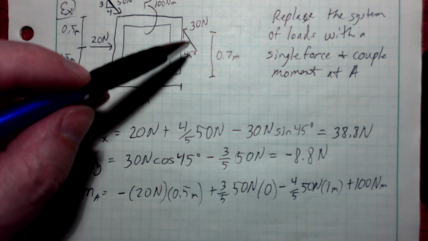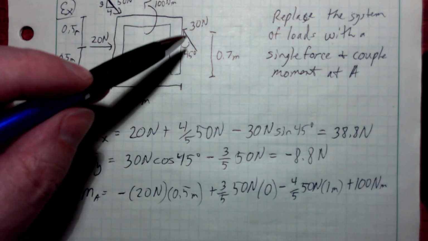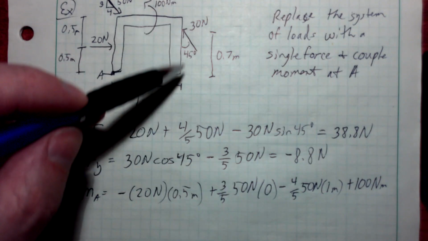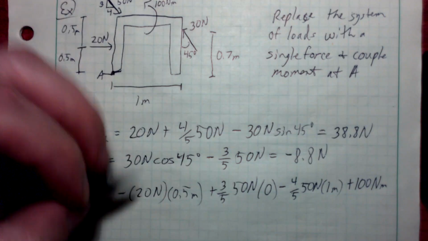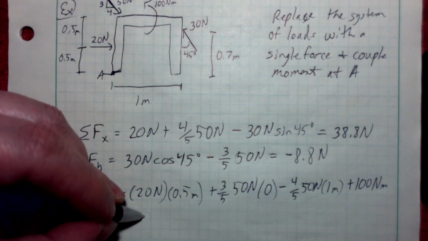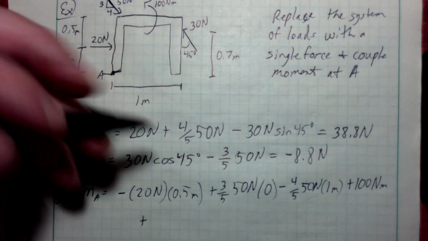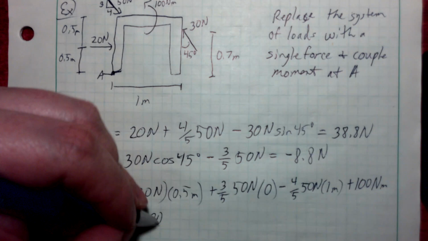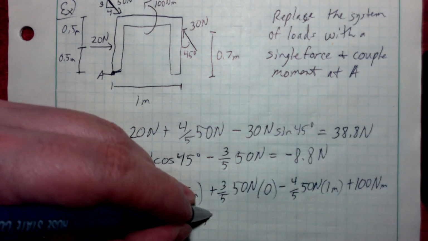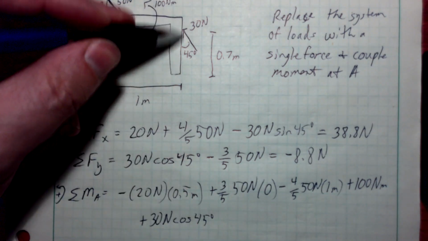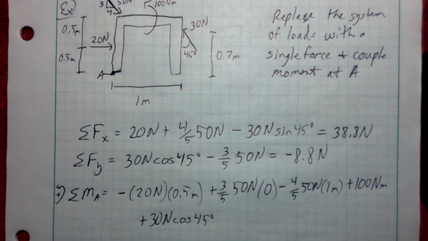And then I've got two components out here, right? I've got a vertical component going straight up. So I'm going to write it on the second line of this equation down here. Plus, I've got the 30 newtons, and this is going to be the cosine of that 45 degrees, because the vertical component is adjacent to that 45 degrees.